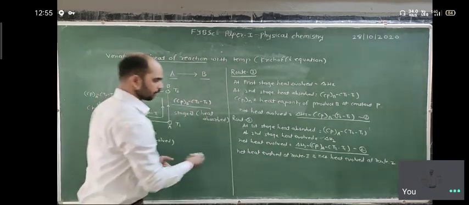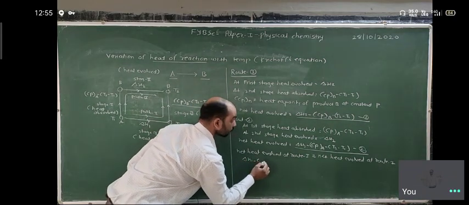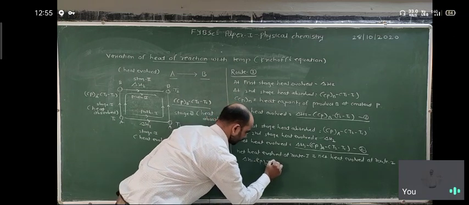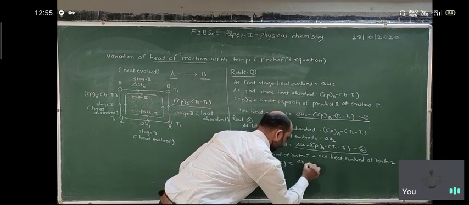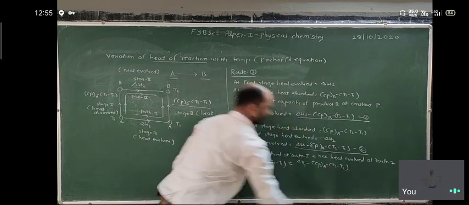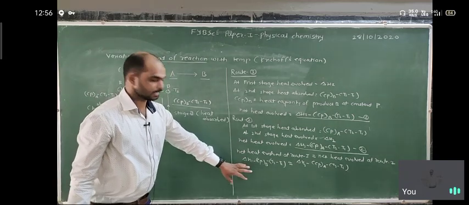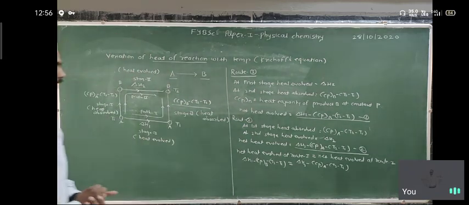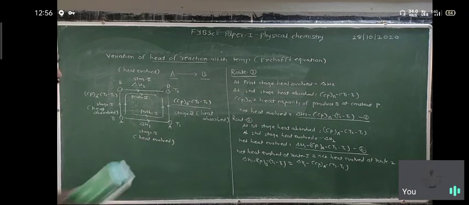That means if we put the equations here, delta H1 minus CPB times (T2 minus T1) is equal to delta H2 minus CPA times (T2 minus T1). Both are having the same. Up to this you will understand it. Route 1, route 2 both have the same net heat evolved according to the law of conservation of energy. So after that what happened?